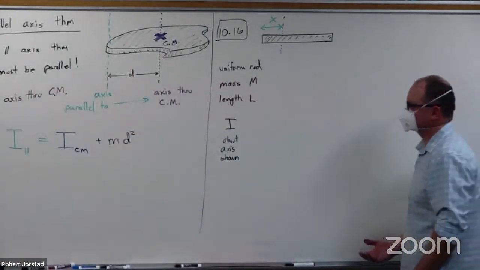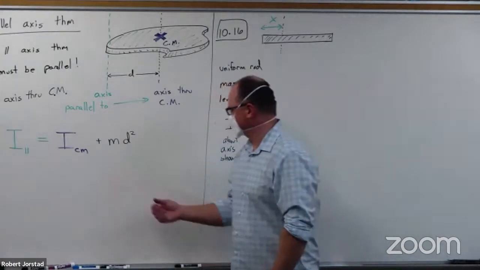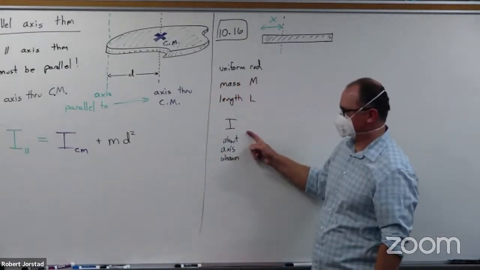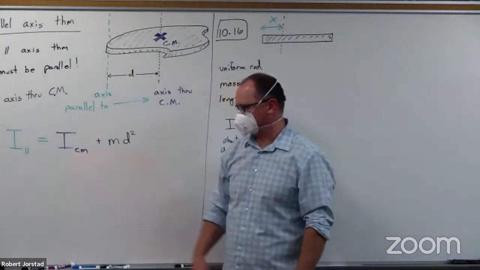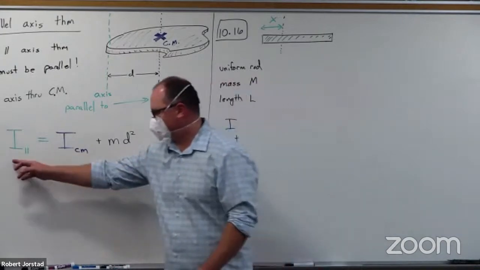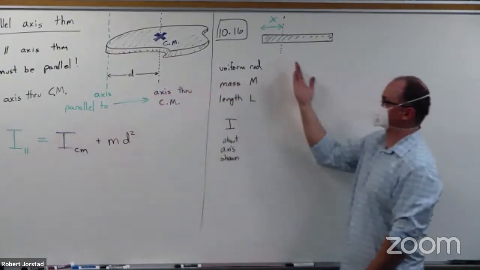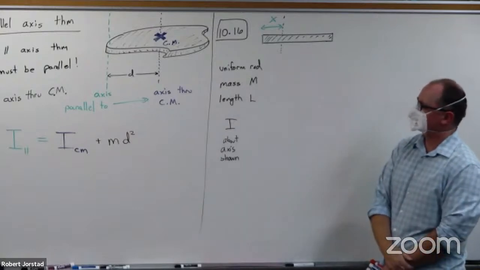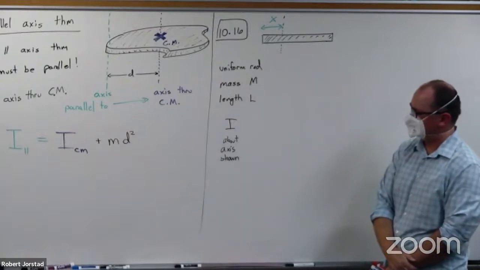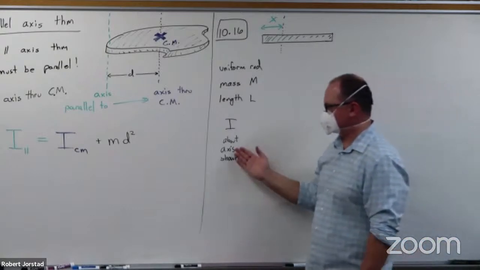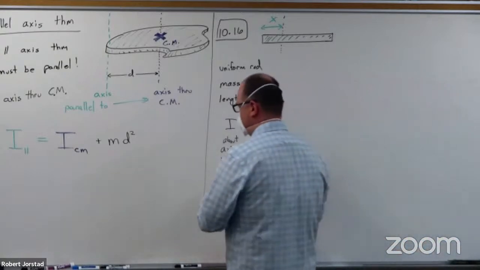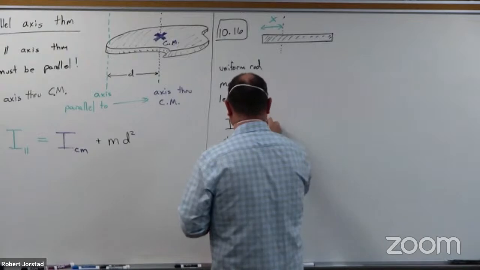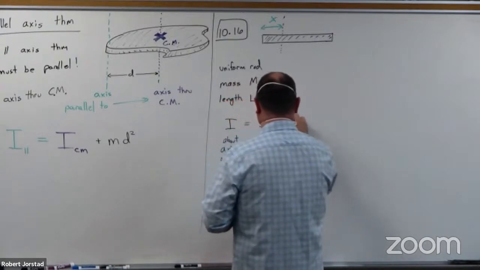I want to use this. Is the axis shown going to be the purple one through the center of mass or the green one parallel to the center of mass? What does it look like? Is that axis through the center of mass? No. So that means this needs to equal I center of mass plus m d squared.